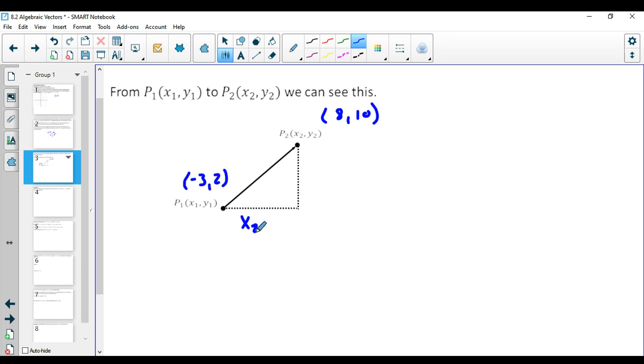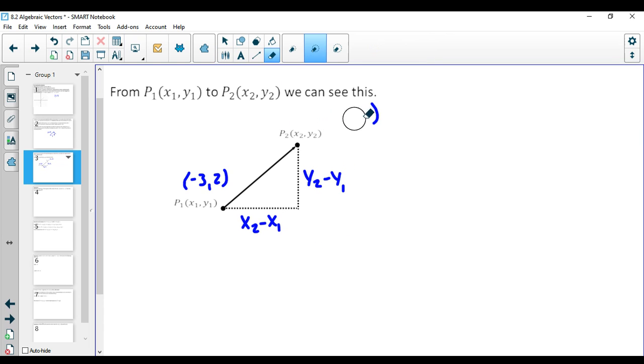This is going to be x2 minus x1, your second point minus your first point, right? 8 minus -3 is going to be 11. That's your distance between these two. And this one is going to be y2 minus y1. Same idea.